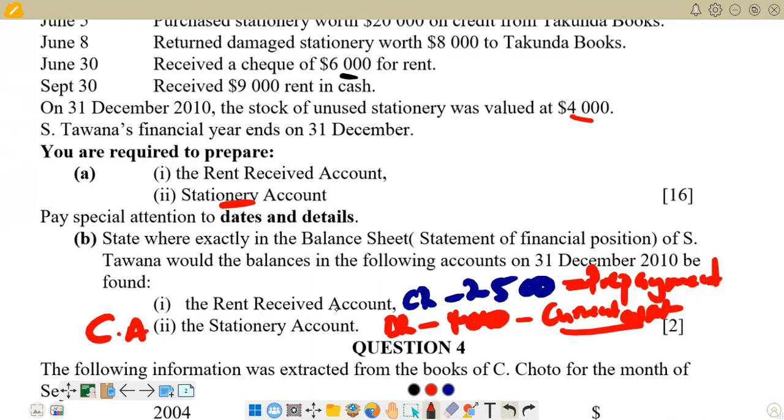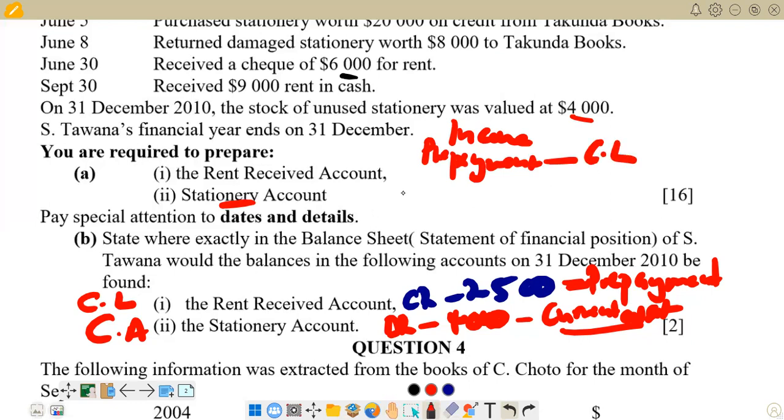And then the rent received, we have a credit balance. It's a prepayment. When it's a prepayment of an income, it's a current liability. So here we've got current liability. On the first part of rent received, we should take note that for income, if it's a prepayment, it becomes a current liability.